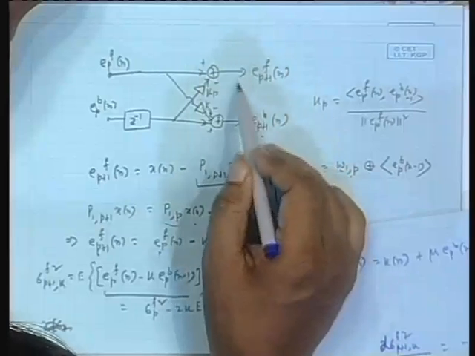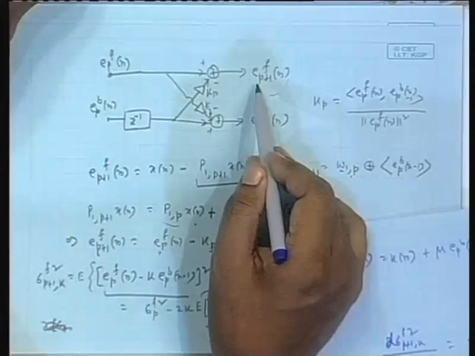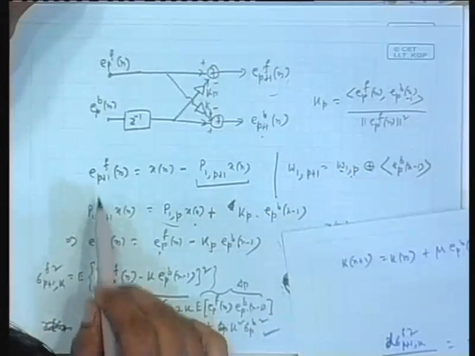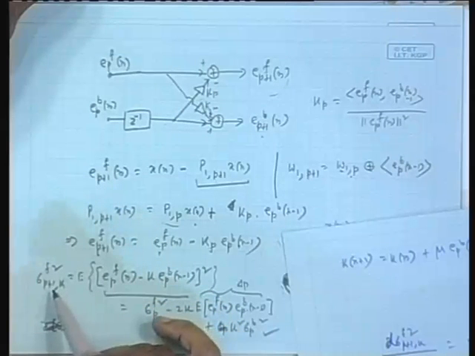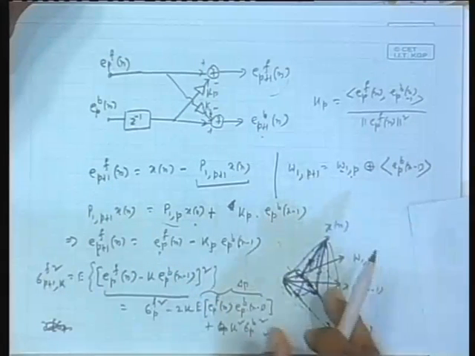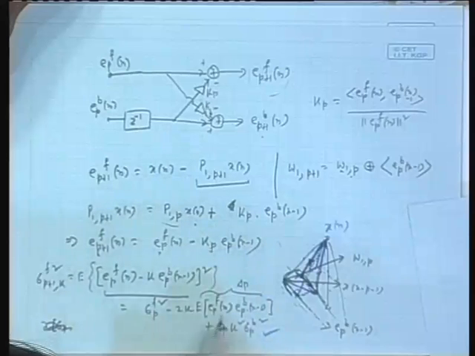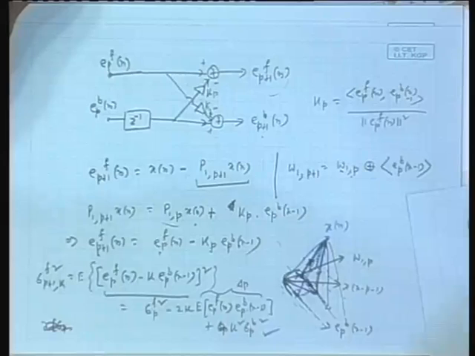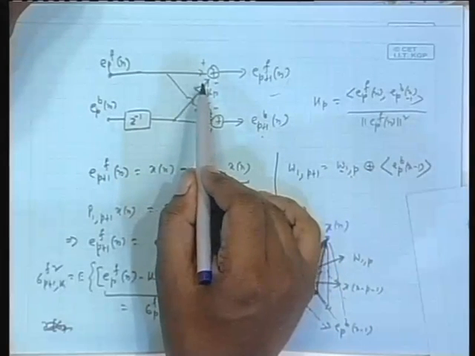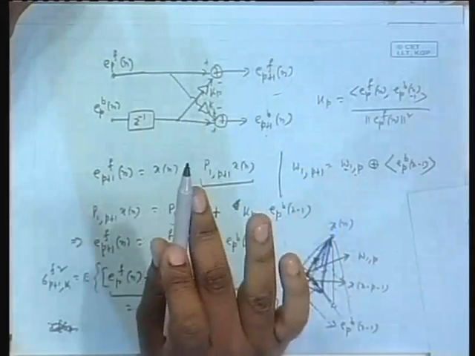That time I took the norm of this fellow, E p plus 1 f n, this projection, this error, and gave a geometrical interpretation. It became a quadratic function of k, and I carried out steepest descent followed by LMS, so that this converges, at least in mean, to the optimal one.